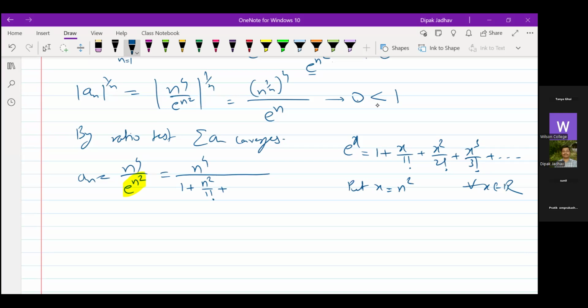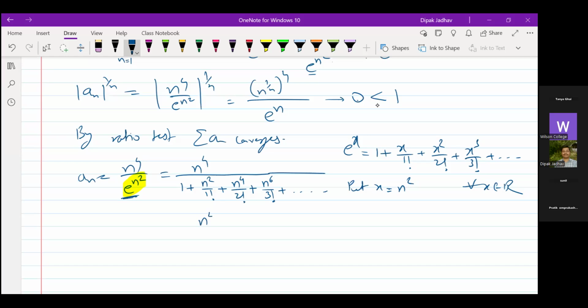The next term, n raised to 4 upon 2 factorial, plus the next term, n raised to 6 upon 3 factorial, plus dot, dot, dot. Is it okay? Did you follow this? Yes, sir. I have just substituted the power series expansion for e raised to n square.